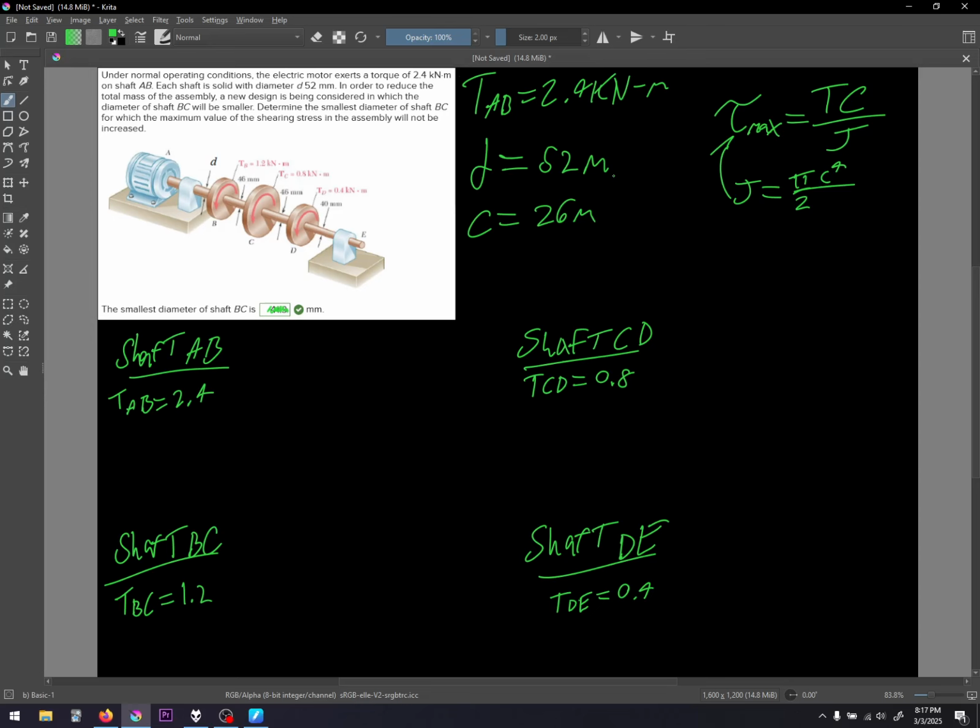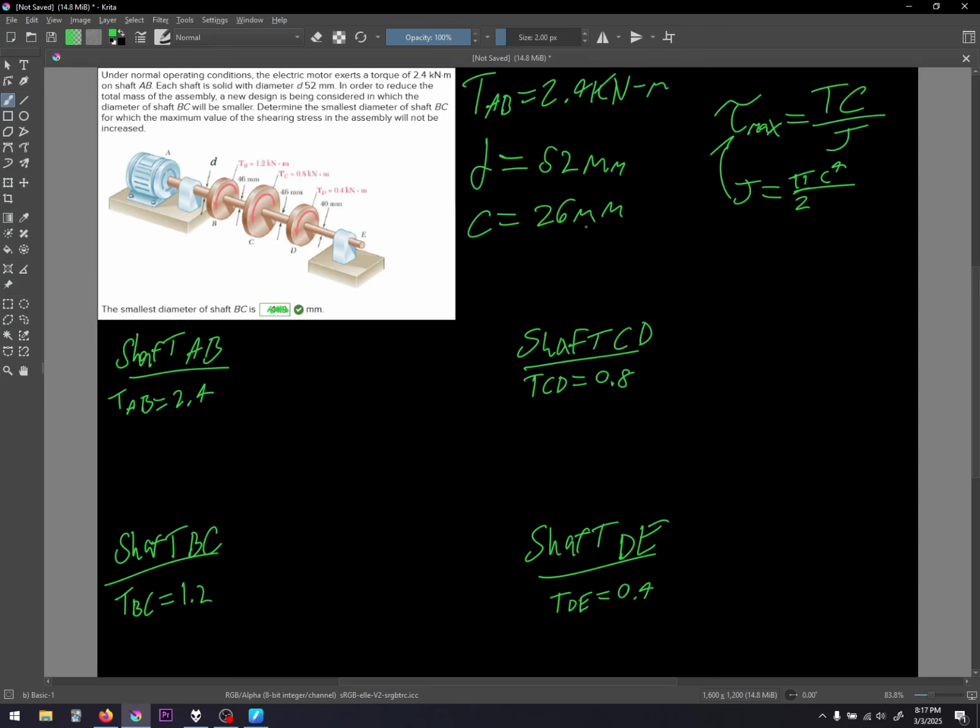Should this be millimeter? Yes. Each shaft is solid with a diameter of 52. So why are we given different ones for BC, CD, and DE? Why are they 40 millimeters, 46, and 46?